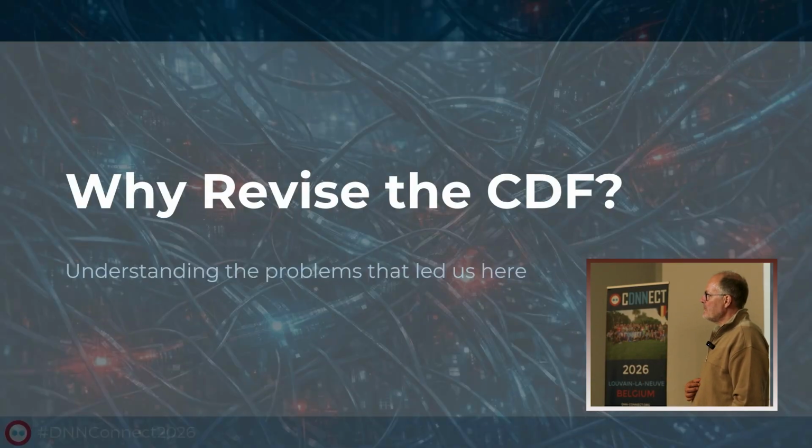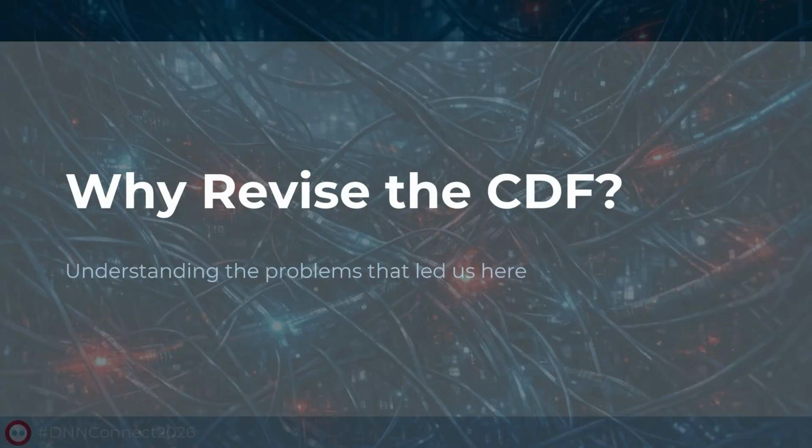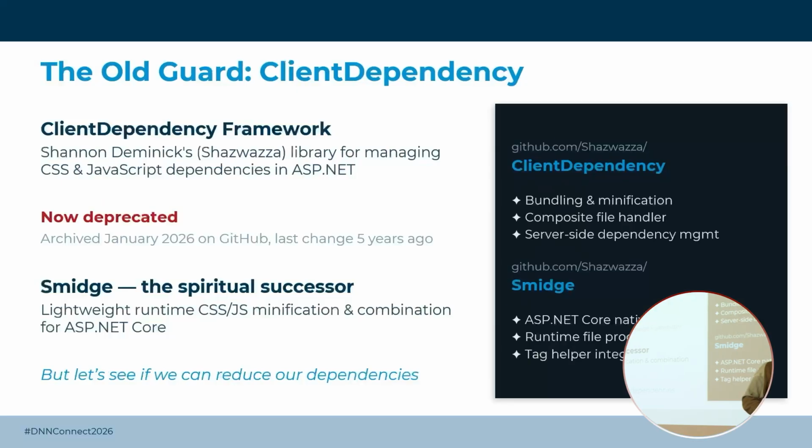And to top it all off, when I started digging down, there is the fact that the whole library, the Client Dependency DLL, had its last change 5 years ago.